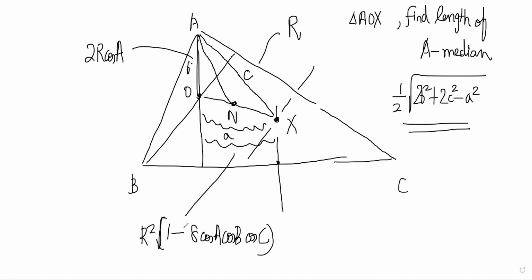It is R square times 1 minus 8 cos A cos B cos C, that is this square. So it's not so long. Just twice this square plus this square minus this square, and half of the root of that. You try that, you will get it.